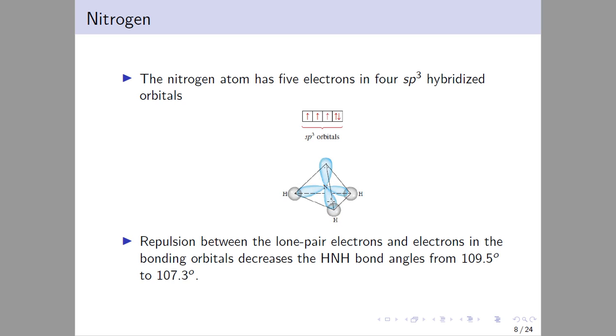Here we can see that the repulsion between the lone pair electrons and the electrons in the bonding orbitals decreases the H and H bond angle from 109.5 to 107.3 degrees. Let's say this is 109, this is 107 and 109. So it defines the direction of that molecule, in this case N and H.